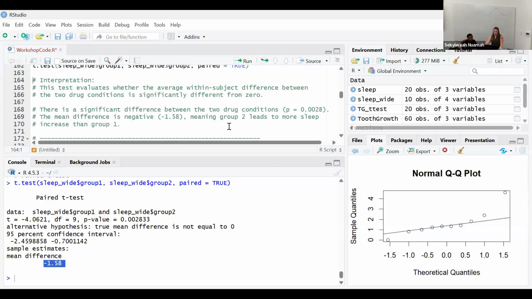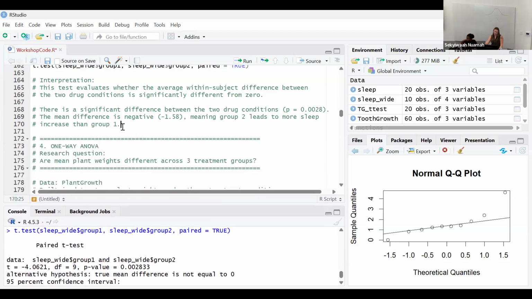So that means that group 2 leads to more sleep increase than group 1. Okay, and then right now we're going to move on to the one-way ANOVA, but later I'll show you the non-parametric alternative to this, and we can double check the results.